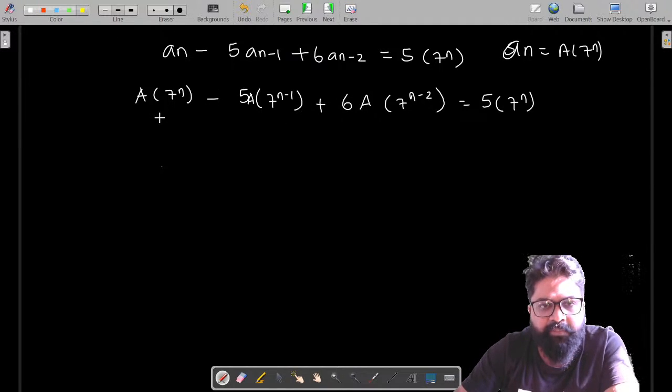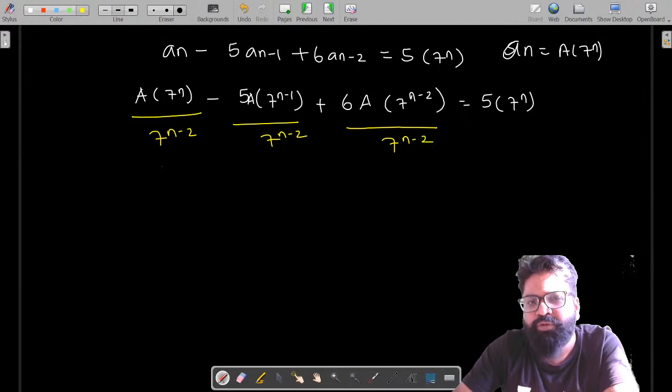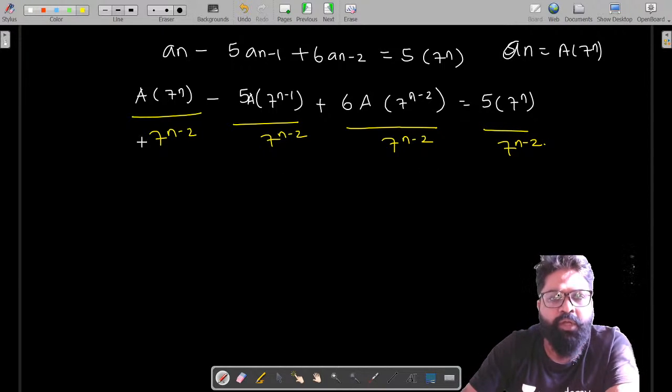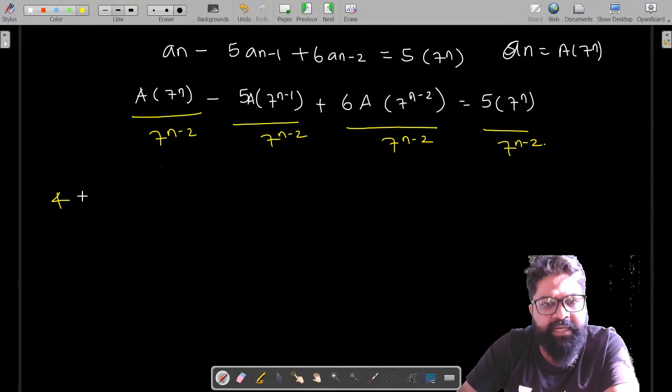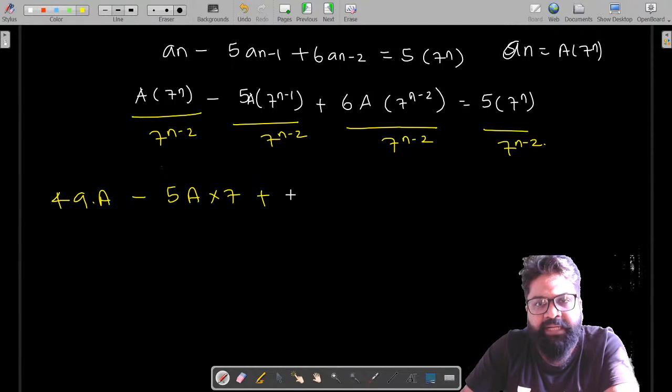Try to divide by 7 raised to n minus 2. So here you will be getting 49 into a minus 5a into 7 plus 6a, and then you will be getting 49 into 5.